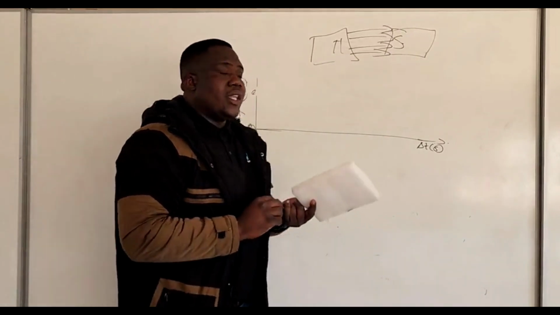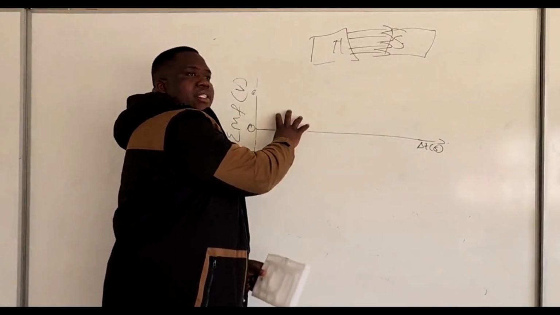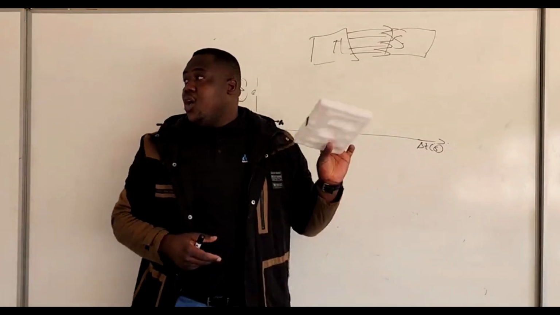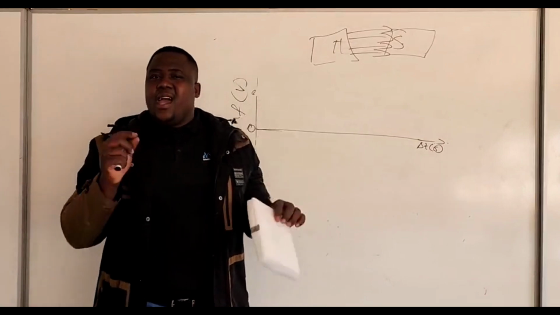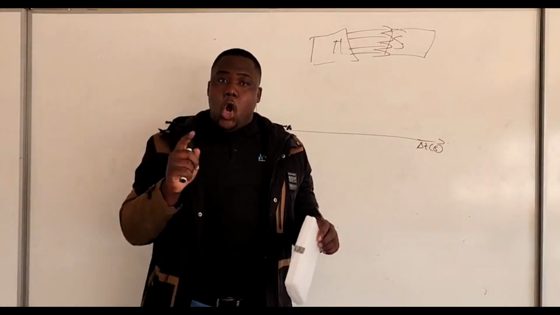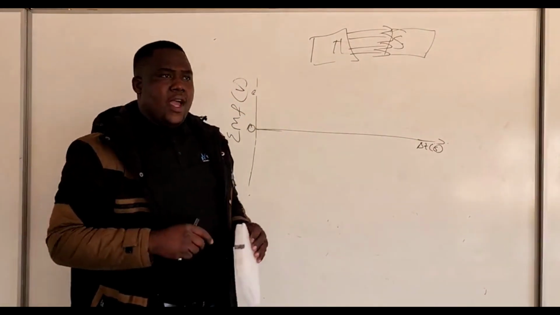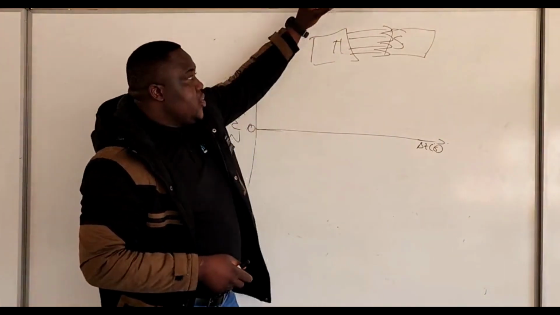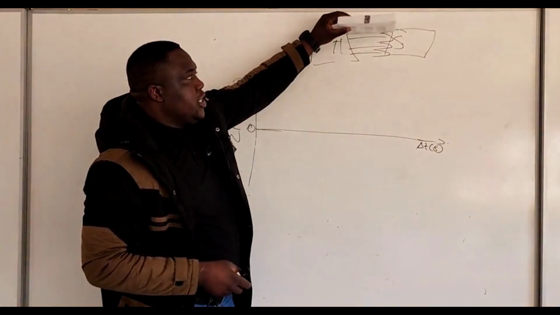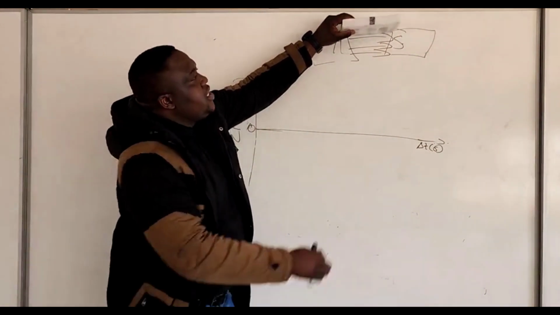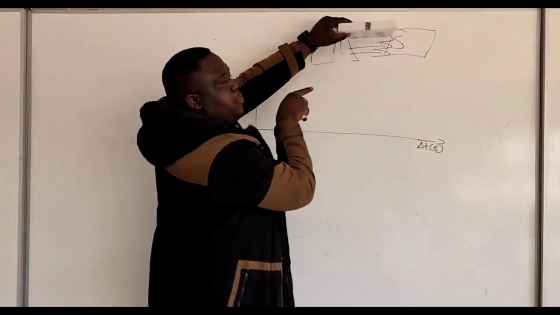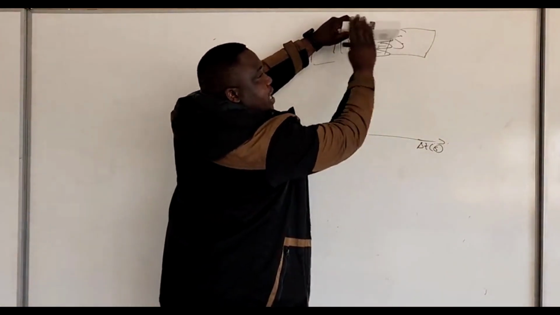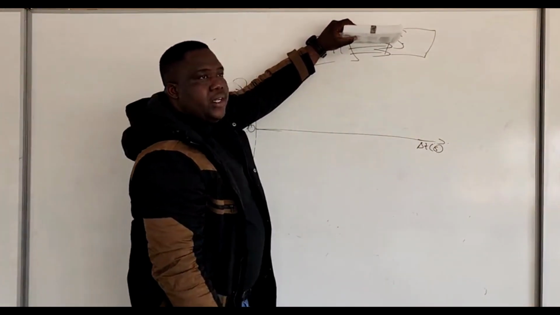This white object represents the position of the coil. You can see that the coil is put in this position. Check the coil: it is parallel to the magnetic field line.